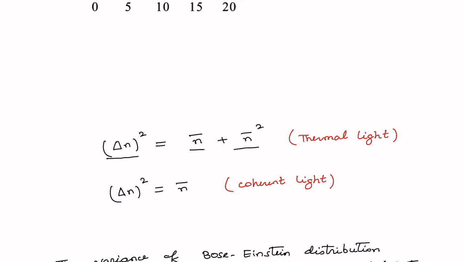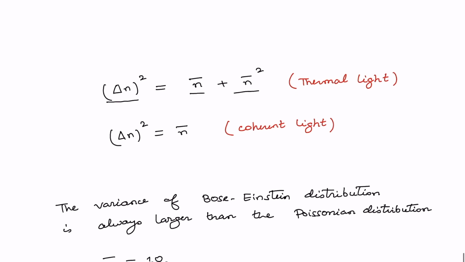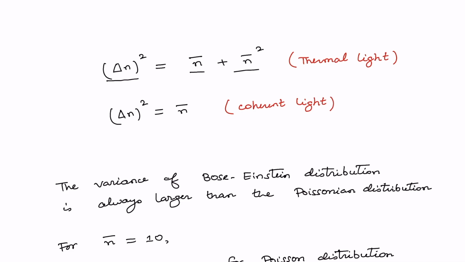On the other hand, if you recall, for the coherent light or Poissonian distribution, the variance was equal to the mean photon number. So the variance of the Bose-Einstein distribution, that is for thermal light, is always larger than that of the Poissonian distribution. So thermal light falls into the category of super-Poissonian light.